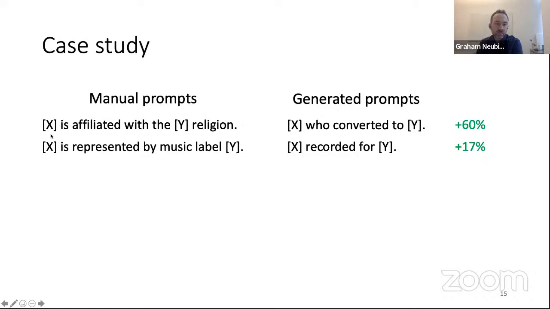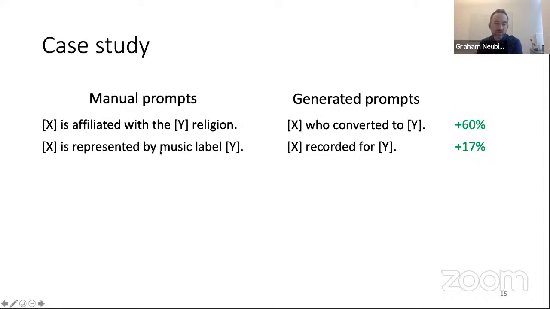And this was written down as X is affiliated with the Y religion, which is a very reasonable thing to write here, but this actually probably doesn't appear in the training data very often. And because of that, the language model isn't particularly good at getting this correct. So the best generated prompt was instead X who converted to Y. And this ended up giving much, much better accuracy here. So I thought that was an interesting example.